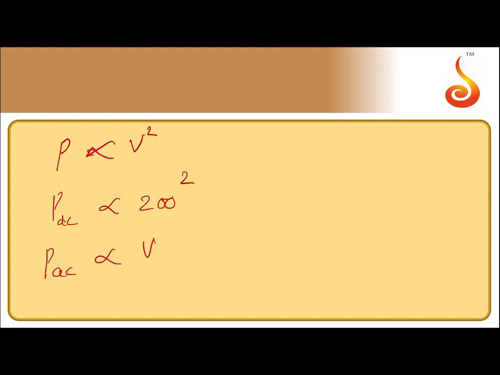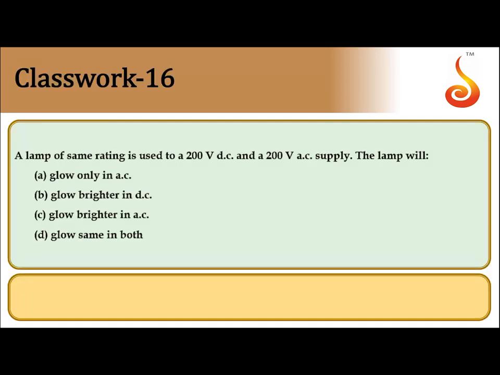So its peak value is V into root 2, whole square. That is directly proportional to 200 into root 2 whole square, which means that the power dissipated is directly proportional to 200 root 2 whole square, which implies that it is greater in the case of AC. So the bulb glows brighter across AC.